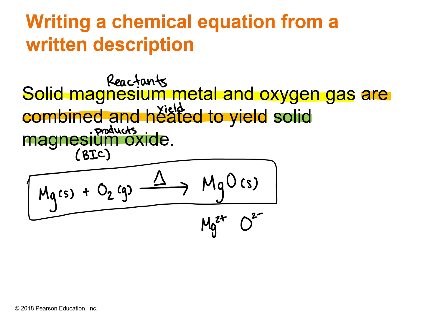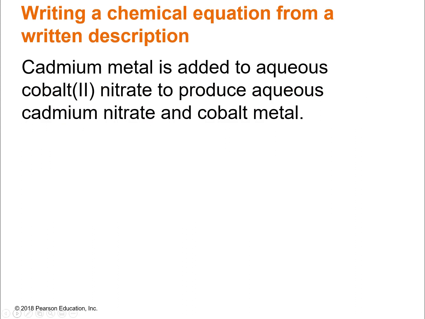Make sure that you have your states of matter for each compound. If there's heat or catalyst, it's listed. That you have your arrow, plus signs where they're supposed to be. We'll do one more. Pause it, give it a shot yourself, and then join me and see how you do.